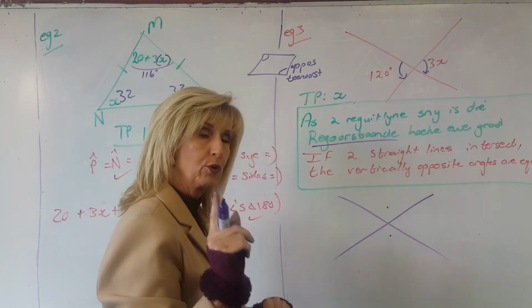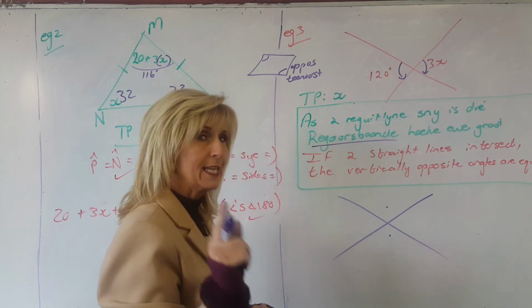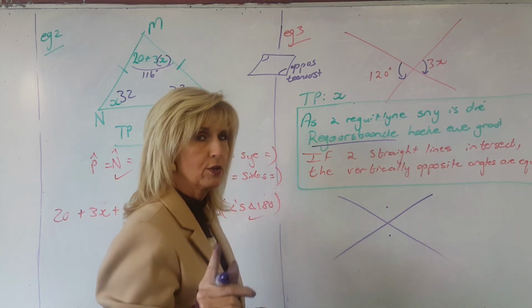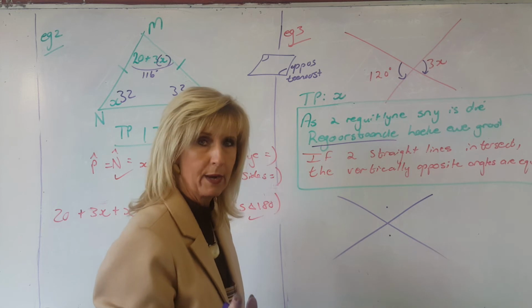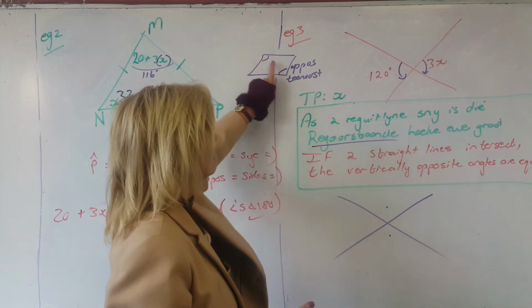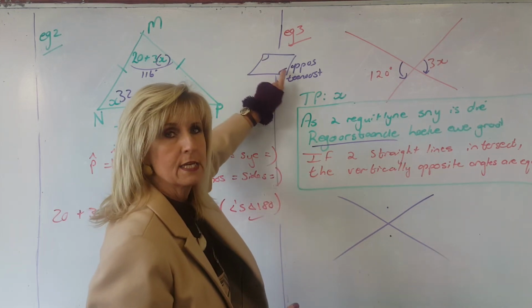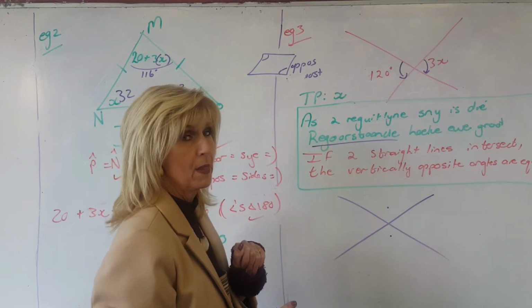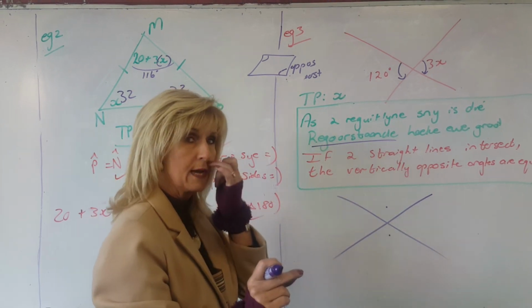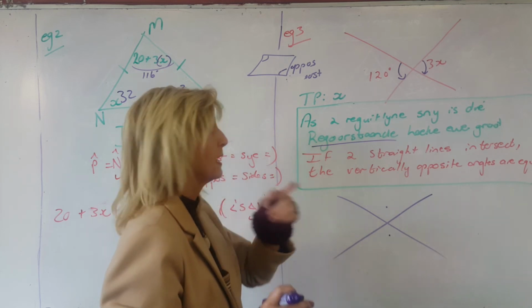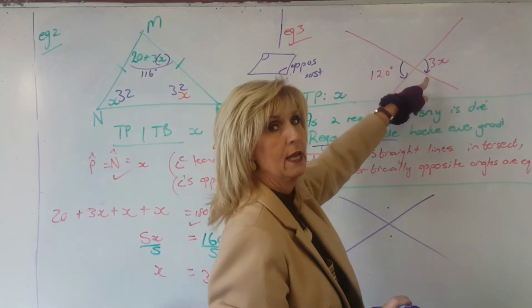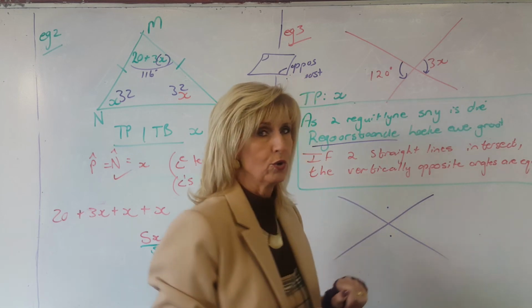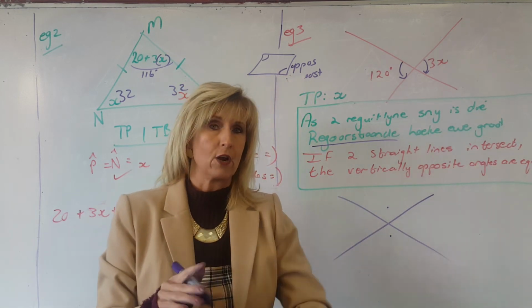Regoorstaande hoeke, maar luister maar na die woorde, want teenoorstaande en regoorstaande is nie dieselfde ding nie, jy kan dit nie dieselfde gebruik nie. Daar is teenoorstaande hoeke en Afrikaanse kinders kan sê teenoorstaande en hulle kan ook sê oorstaande, dis fine. Maar regoorstaande is iets anders en jy kan nie hier praat van oorstaande nie. Dis regoorstaande hoeke. So I think I've emphasized that a lot now.